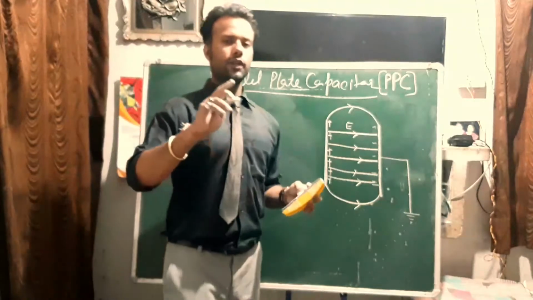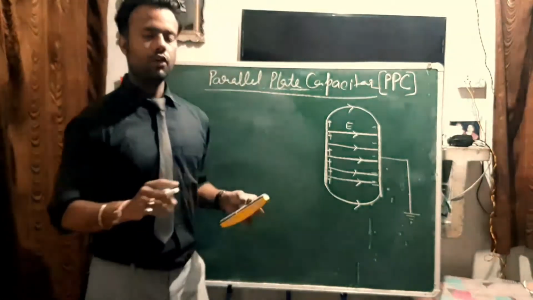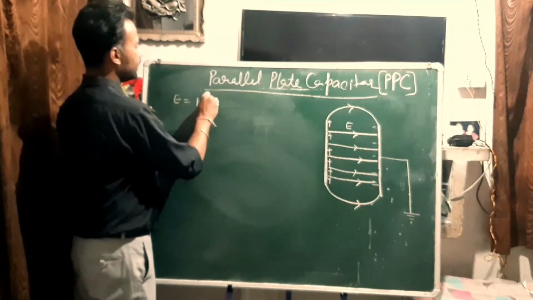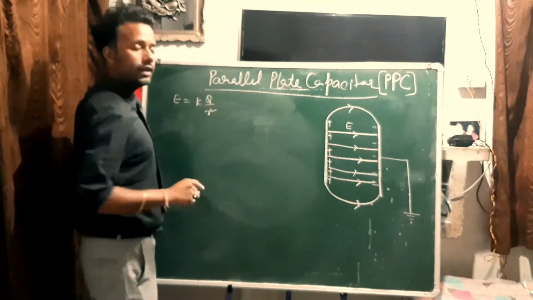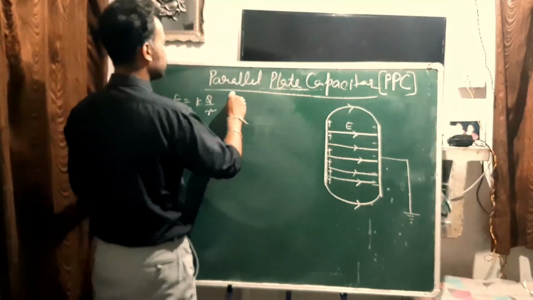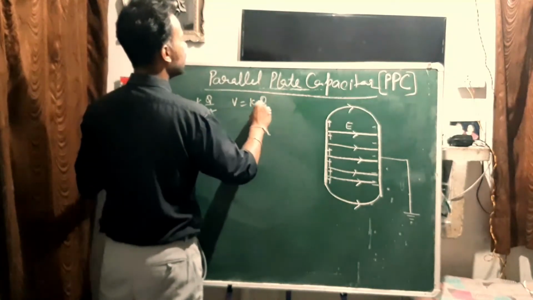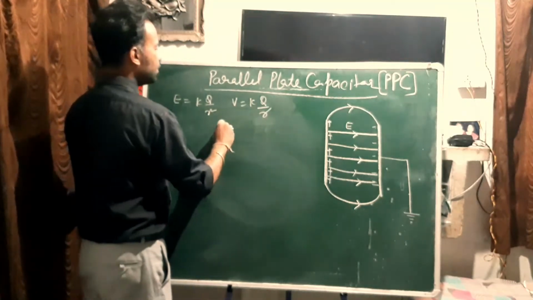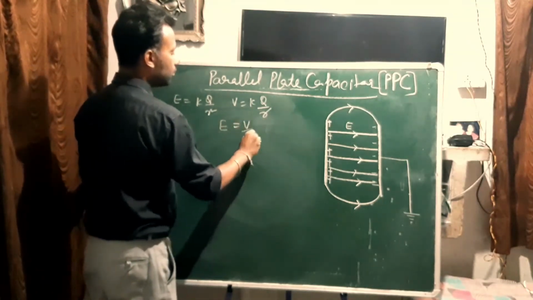You know the formula of electrical field with a point charge. The formula was E equals to KQ upon R square, and the electrical potential due to the point charge was KQ upon R. You can see here that E is nothing but V upon R, right?